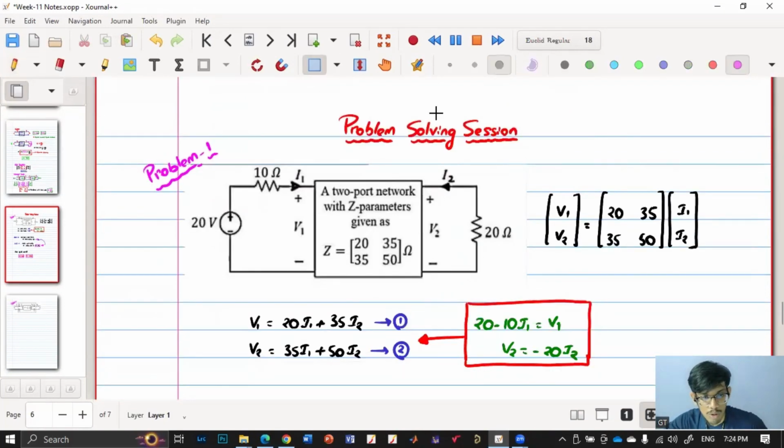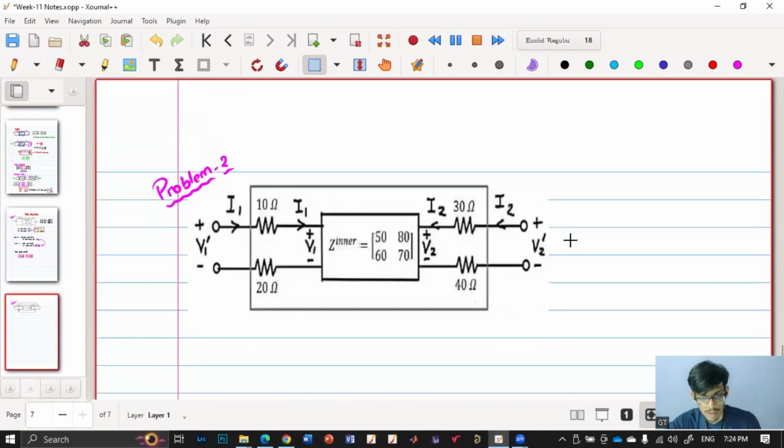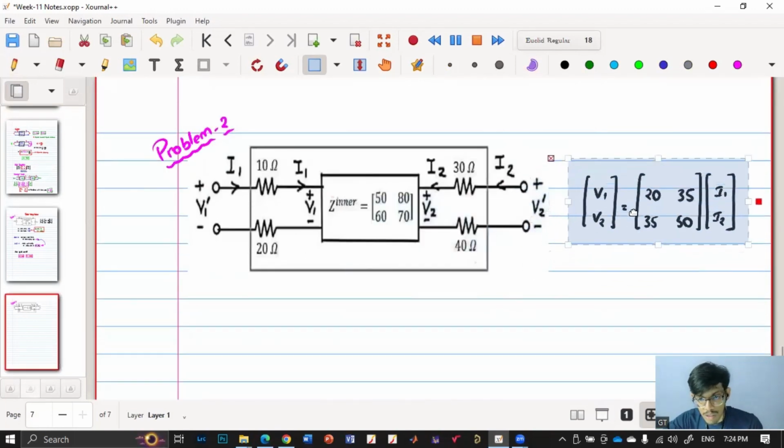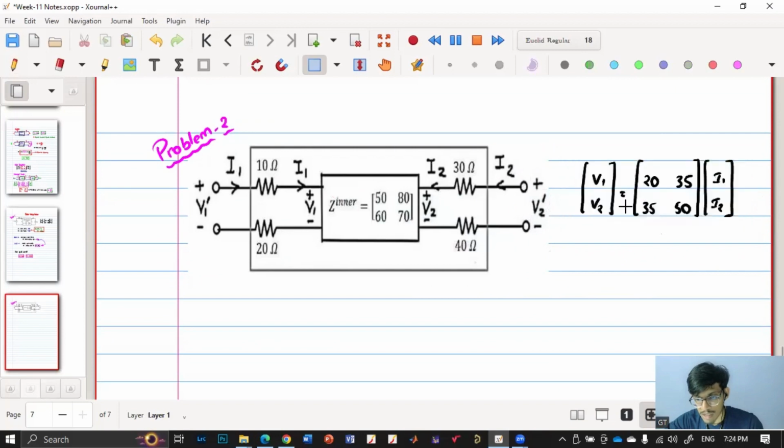Let me just copy paste this and take it to our side. So basically, this is our Z inner, but the values are slightly different. Let us arrange this. The values they have given are 50, 80, 60, 70, and this is Z inner.